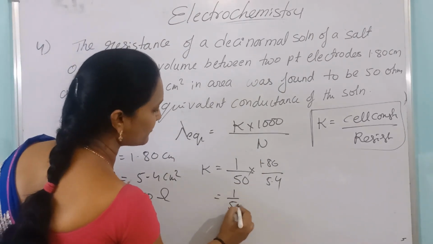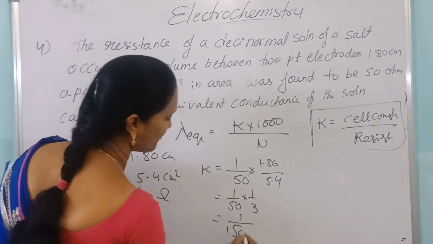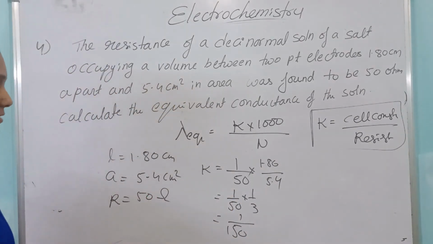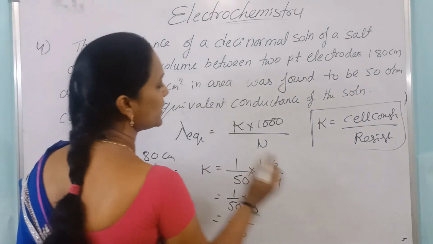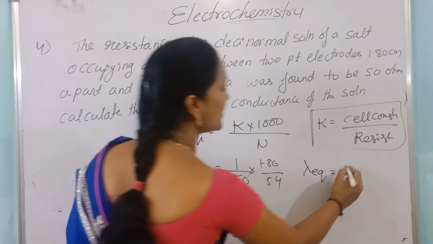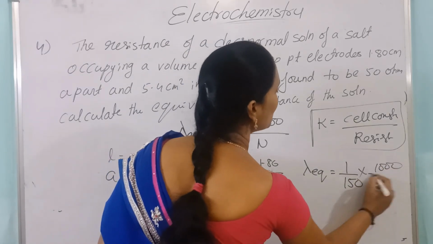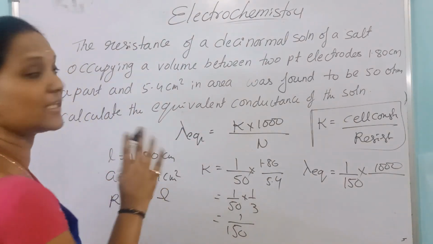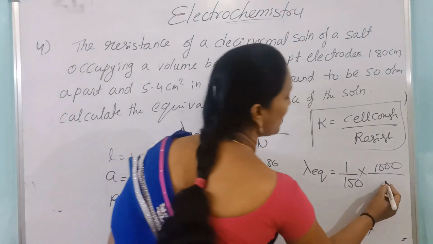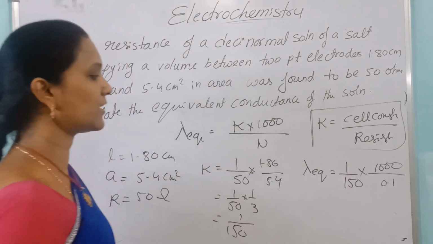So 1 by 50 into 1 by 3, now it is 1 by 150. This is K. Now equivalent conductance is equal to K value, 1 by 150, into 1000 by normality. How much is the normality? Decinormal is given. Deci means 0.1, no? So 0.1 normality.